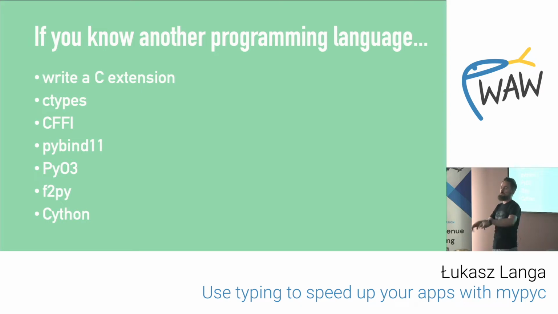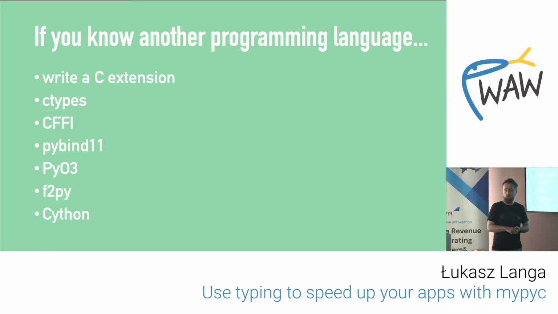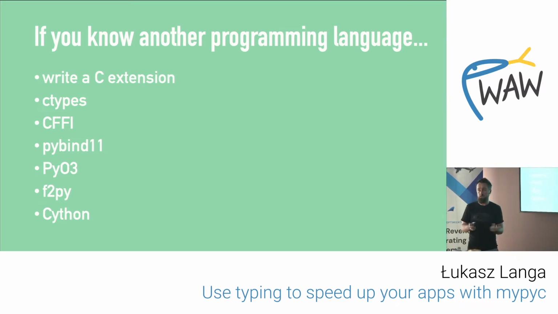But if you sprinkle some magic, Cython-specific syntax, you can make stuff actually much faster. And Cython is very popular in the data science world. It's very popular for networking code as well, because it lets you write something that is close to Python and achieve performance that is close to C.